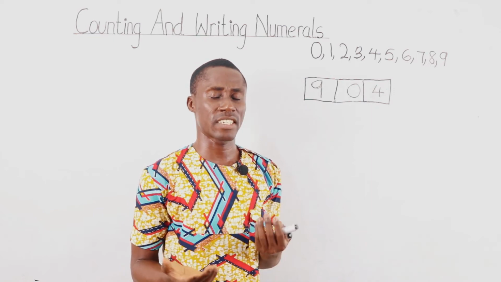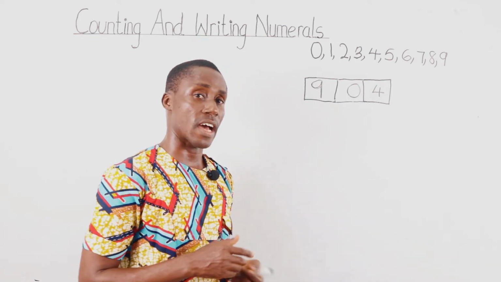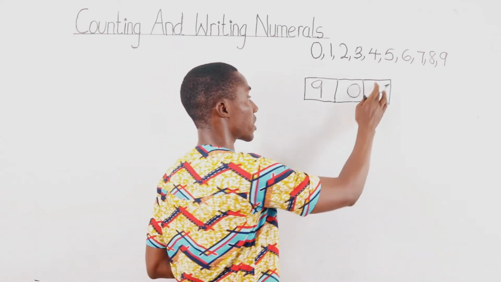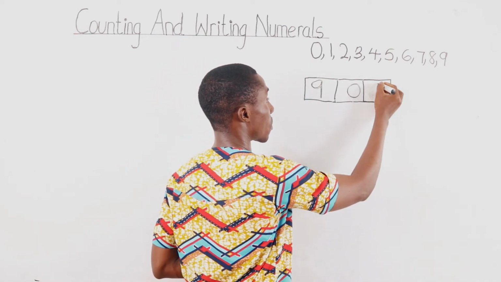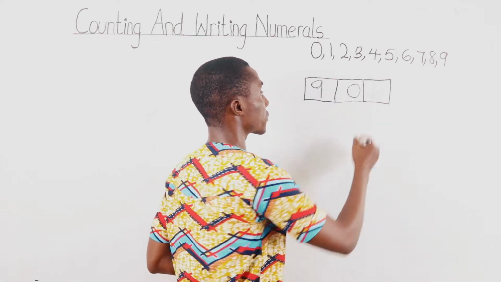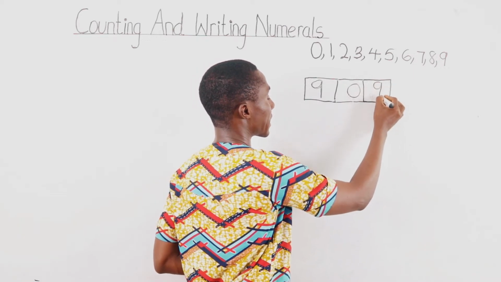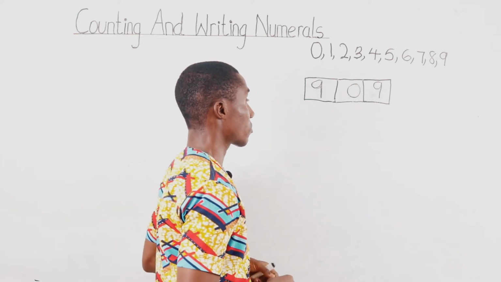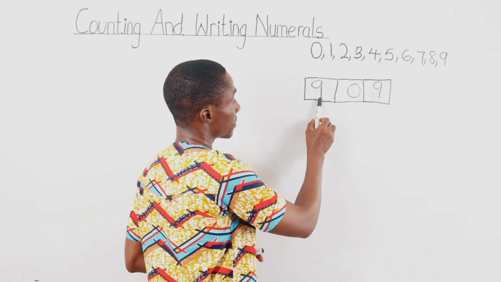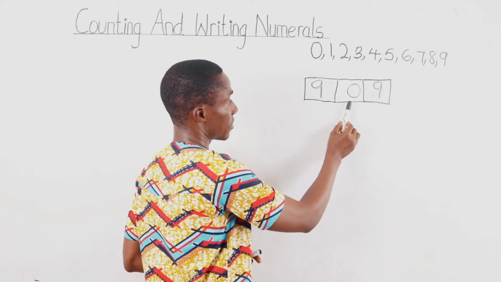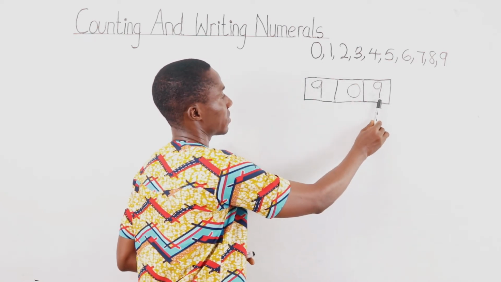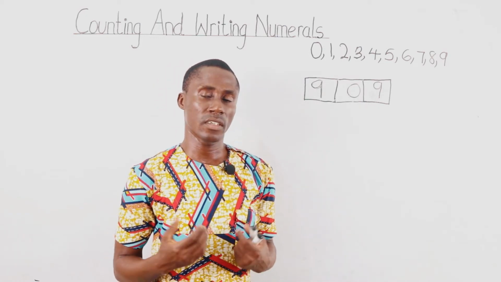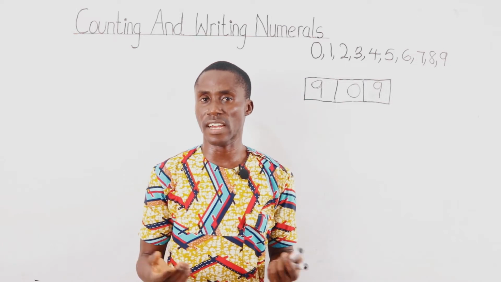So let's imagine again that we have kept adding 1 more orange and 1 more orange until we have 9 in the first number place, and that will give us 9 hundreds, 0 tens, and 9 ones, giving us the number 909.